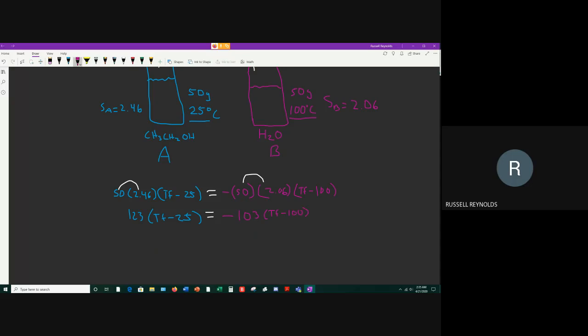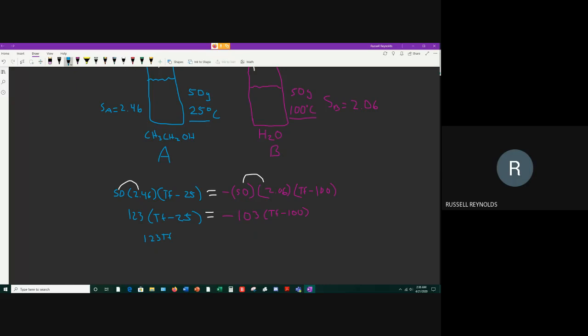So now what you want to do is distribute that 123 to the TF and to the second term. Same thing on this side. You want to distribute that negative 103 to the TF and to the negative 100. And what you'll end up with then is 123 TF.